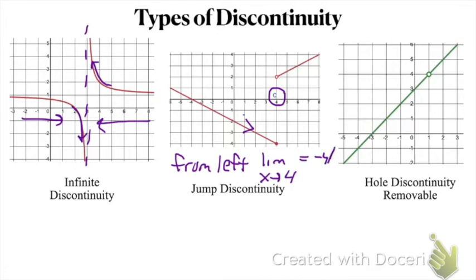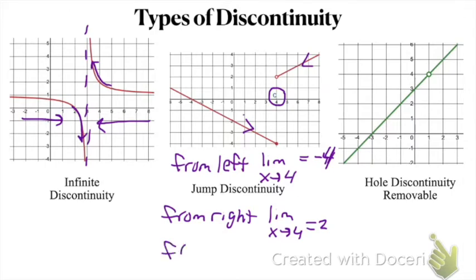When we approach it from the right, the limit as x approaches 4 is 2. These two do not match. We are not approaching the same thing. F of c does exist, and f of c, or f of 4, is negative 4. These do not all match, so there's discontinuity. When you look at the picture, there's discontinuity.